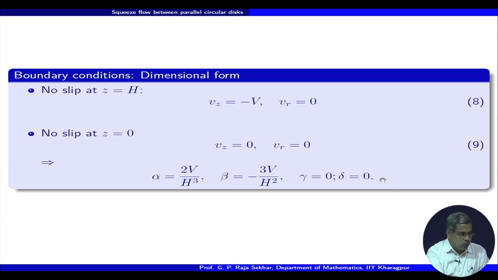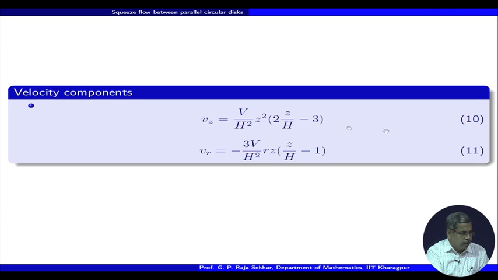Again this is very trivial. You should be able to solve and then match with these constants. Once we have these constants, we have the complete velocity determined.